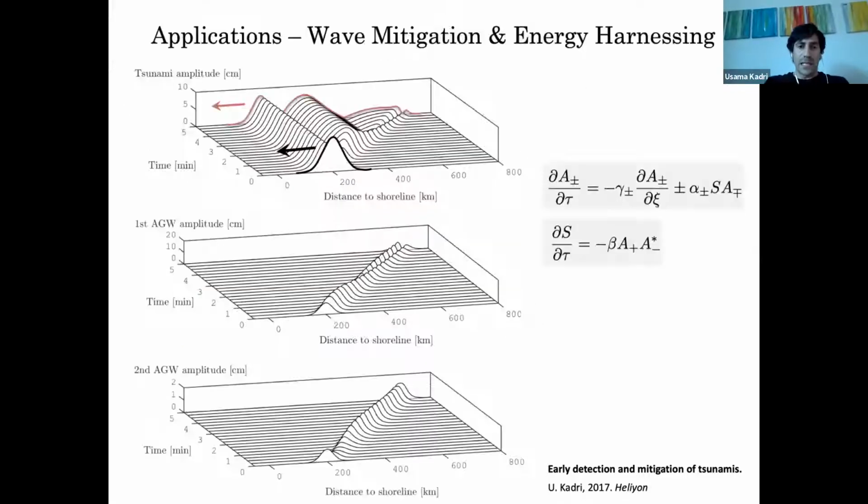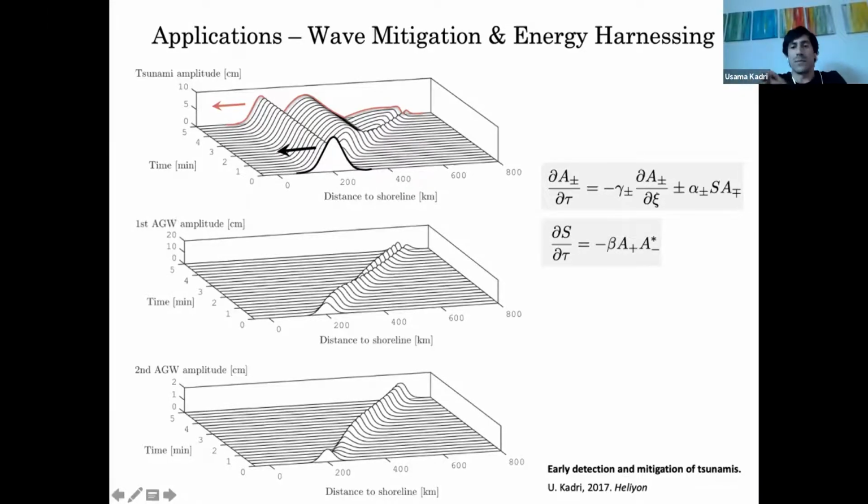But the idea is the following. You have this tsunami, which starts with this amplitude, and it's traveling from right to left. This is the shoreline here on the left side. And you can send 2 acoustic gravity waves that interact with the tsunami, and as they interact, they start pulling energy from the tsunami, and then because they're moving faster, they would actually move away from the tsunami. And you can think about it as the redistribution of the tsunami over a larger space, okay?